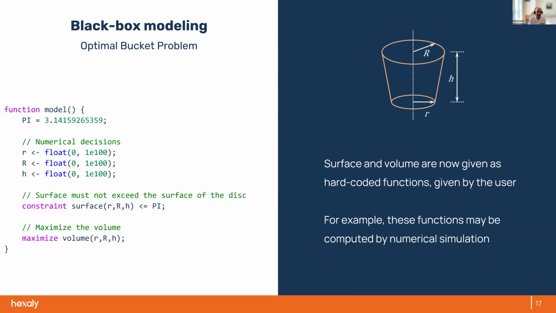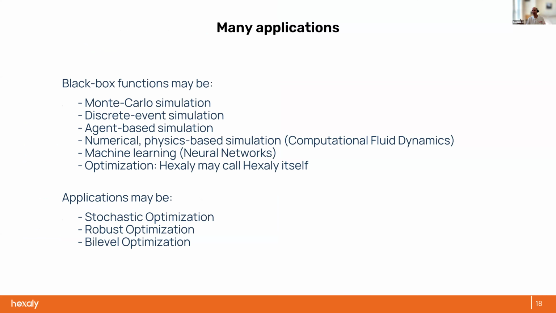You can just give the surface and the volume as functions, and these functions refer to some code. The code will be called in a lazy fashion when the solver needs to evaluate, and the functions that may be hidden behind are totally arbitrary. It can be noisy, it can be non-smooth, as I mentioned. It can also be a time-consuming function. Just one call to the function may be very, very long, so seconds or even minutes or hours. This is the case in numerical simulation with CFD, for example.